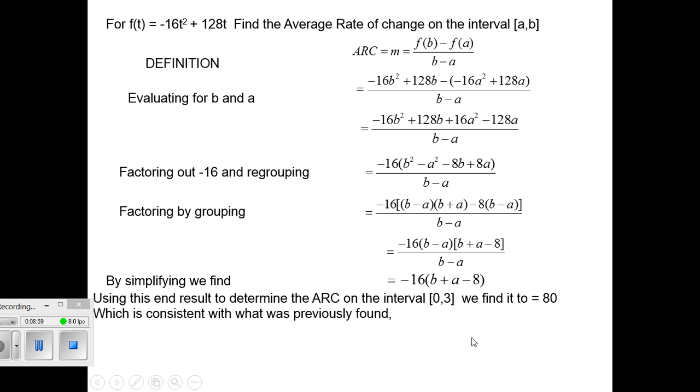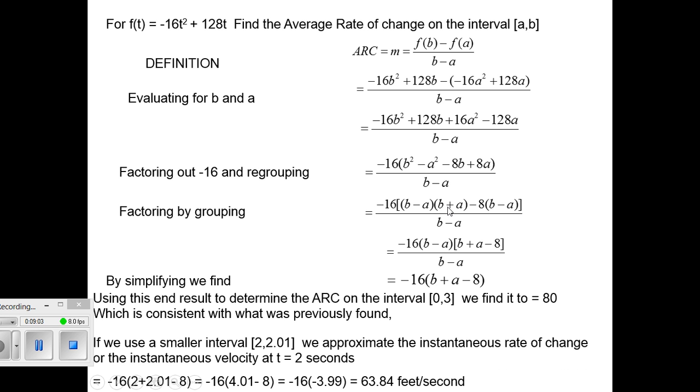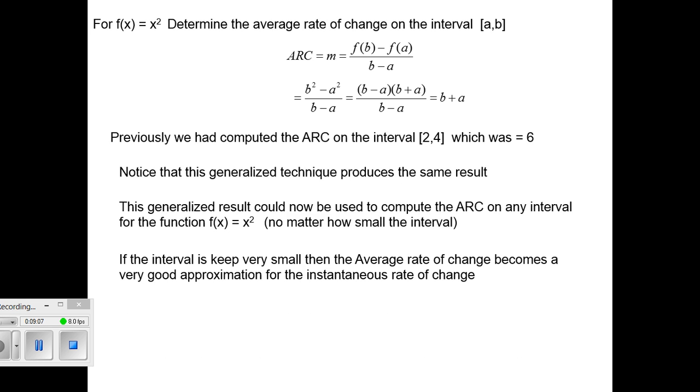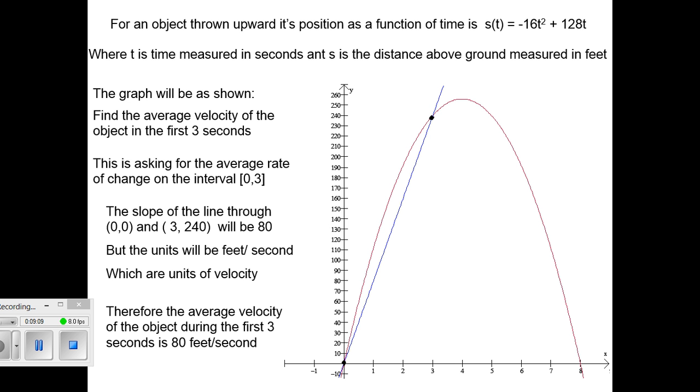Previously, we looked at the example of this, and maybe I'll just run back to that for a moment, okay? Previously, we computed that average rate of change on that specific interval, okay? Referring back to this problem, compute the average rate of change on this specific interval from 0 to 3 for this function, which we found to be 80.